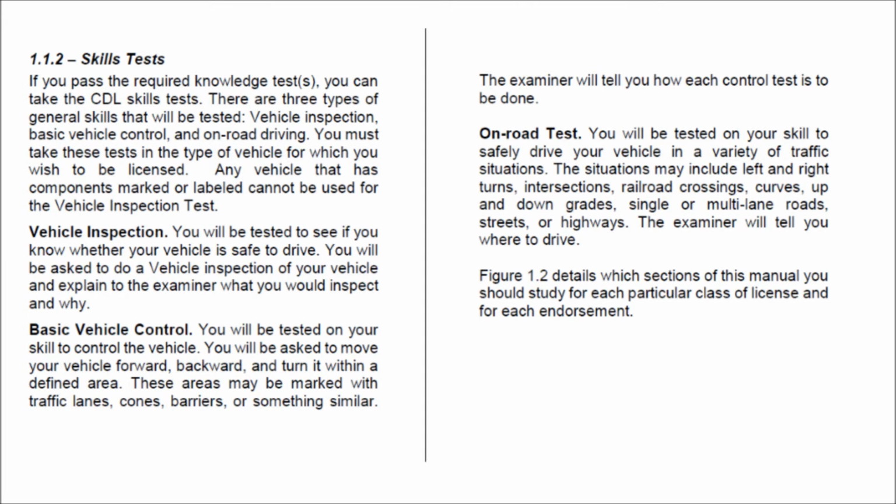On-road test. You will be tested on your skill to safely drive your vehicle in a variety of traffic situations. The situations may include left and right turns, intersections, railroad crossings, curves, up and down grades, single or multi-lane roads, streets, or highways.